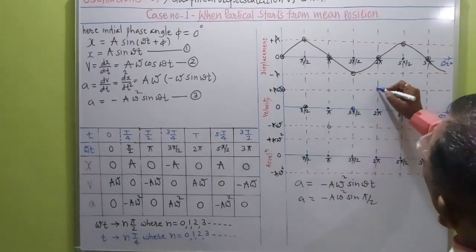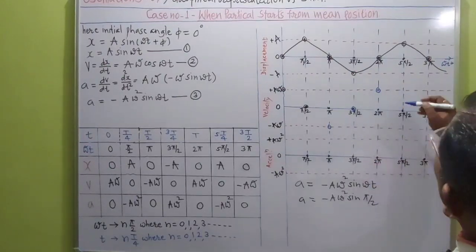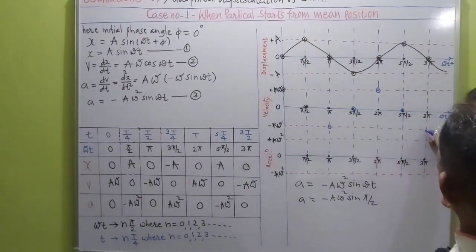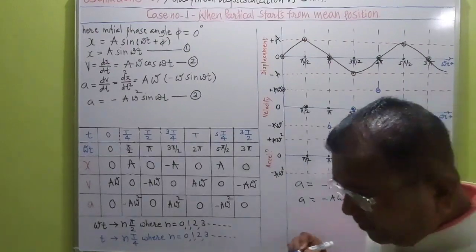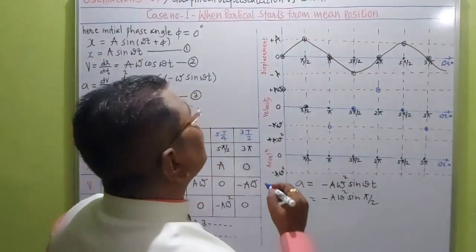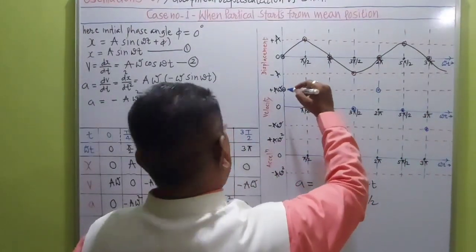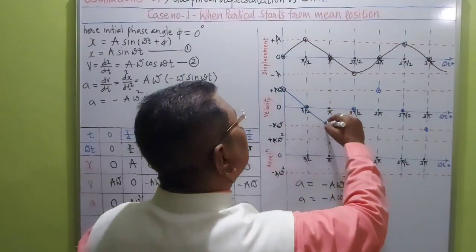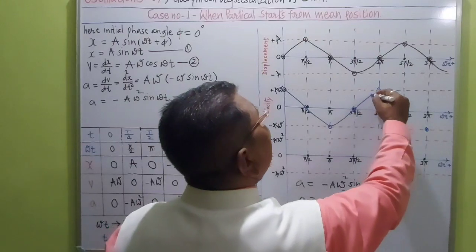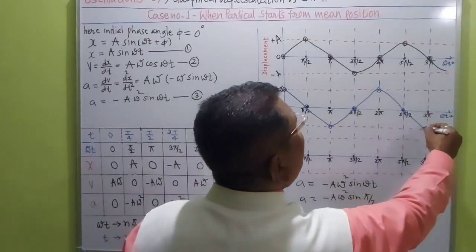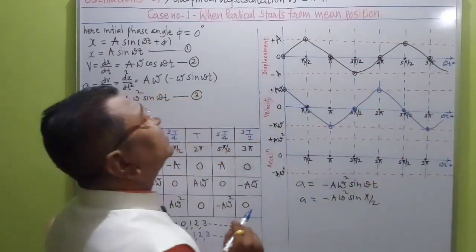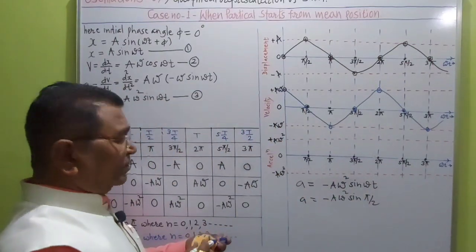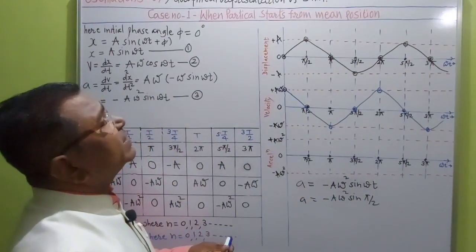The next points definitely will come like this, and the graph we got is like this. Very interesting, very easy. This is a graph of velocity.